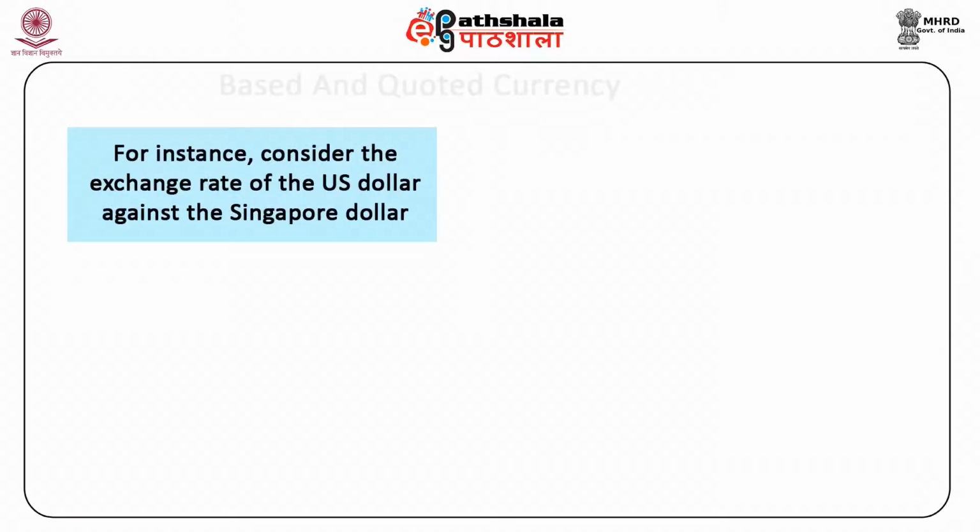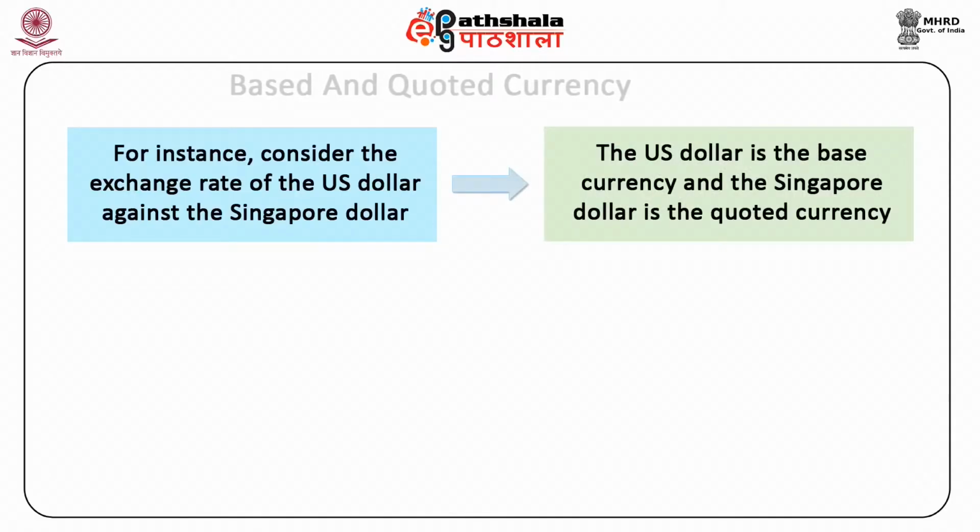For instance, consider the exchange rate of the US dollar against the Singapore dollar. In this currency pair, the US dollar is the base currency and the Singapore dollar is the quoted currency.